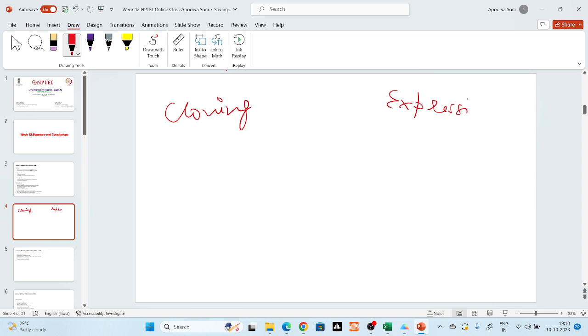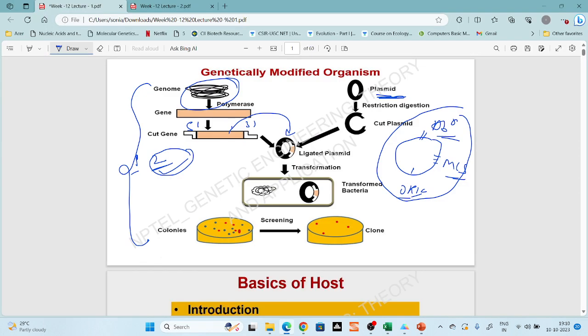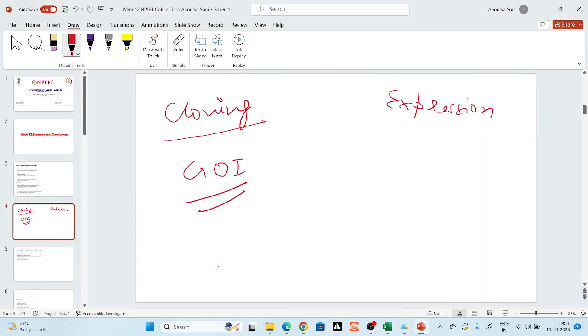Expression vector means that whatever gene you have inserted, now it will express. In a cloning vector, the basic requirements are your origin of replication, your selection marker gene. I have written antibiotic here, but it can be any kind of selection marker gene, and your cloning sites, multiple cloning sites.